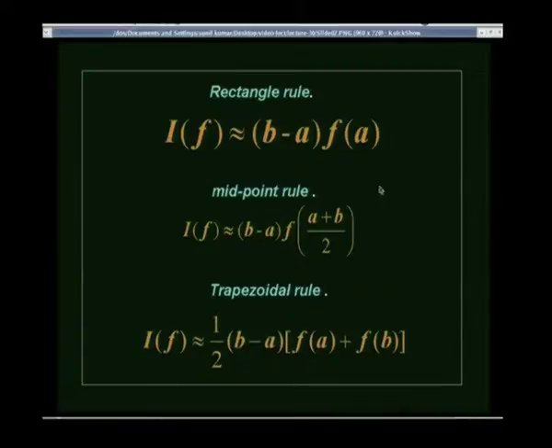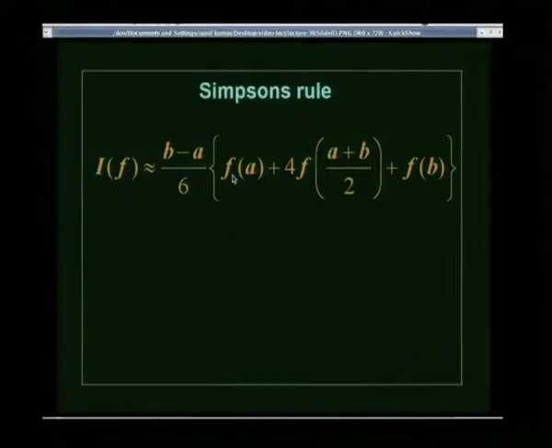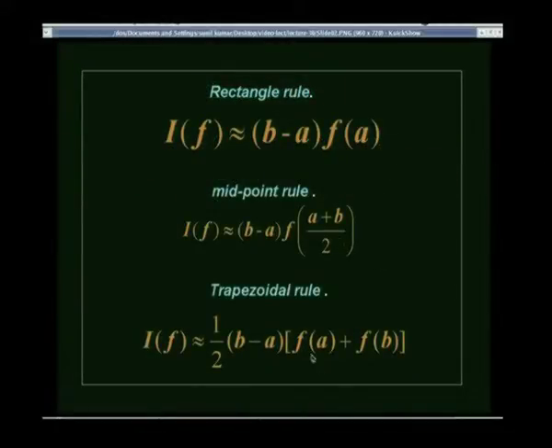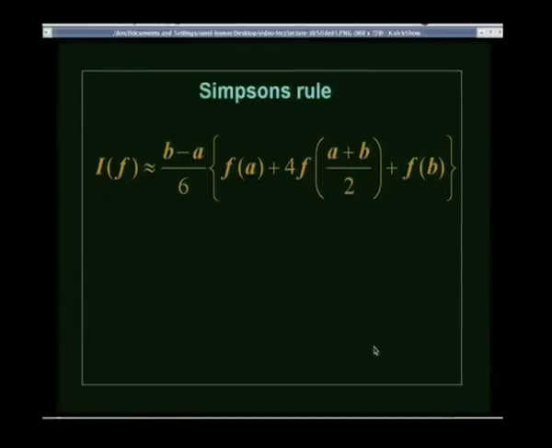These are all methods which are approximations by polynomials of order 0 and order 1. And then we looked at the next order polynomial, which is Simpson's rule. That involves evaluating the function at three different points, that is f of a, f of b, and f of (a plus b) by 2.